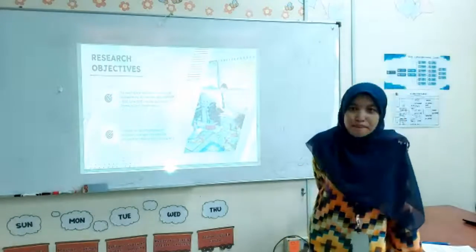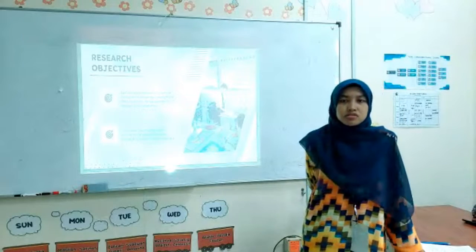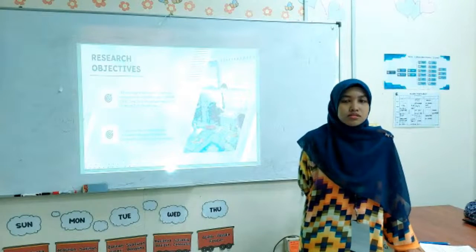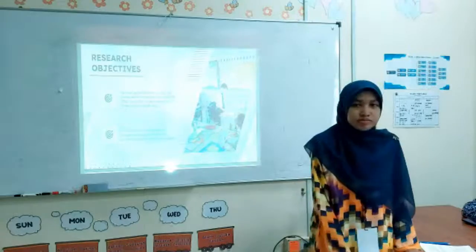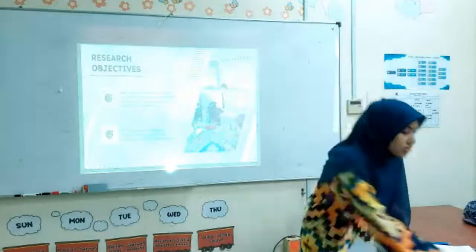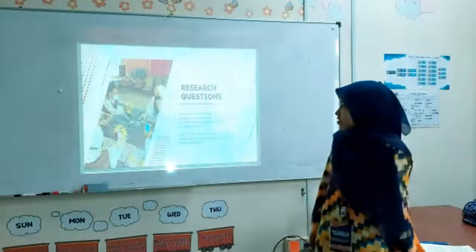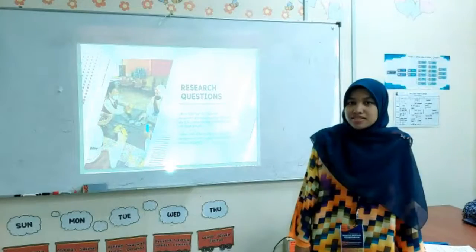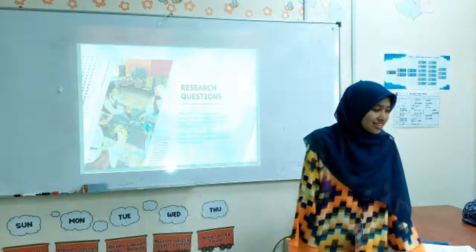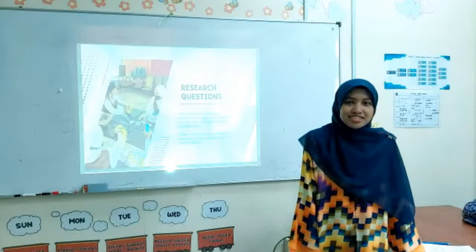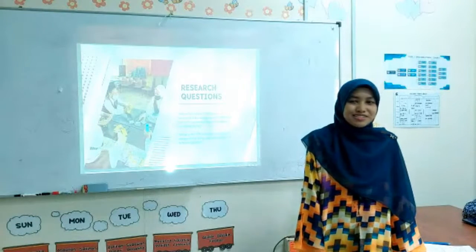Hold on. What is the effectiveness? This is question, right? This is all question. What is the effectiveness of classroom? What do you mean? I found this sentence. What is the effectiveness? When you say what is, it's not.